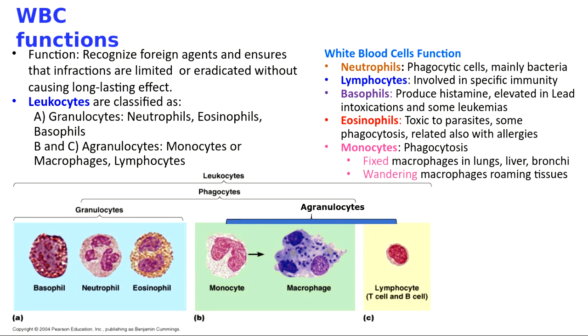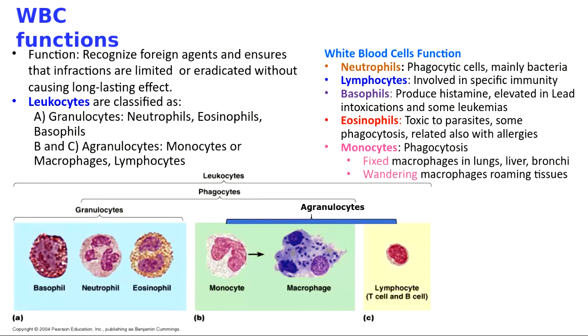So the function of the neutrophil, if I could make it easier for you guys, all of them will be phagocytosis except for lymphocytes. Okay, so phagocytic cells will be neutrophils, basophils, eosinophils, and monocytes.